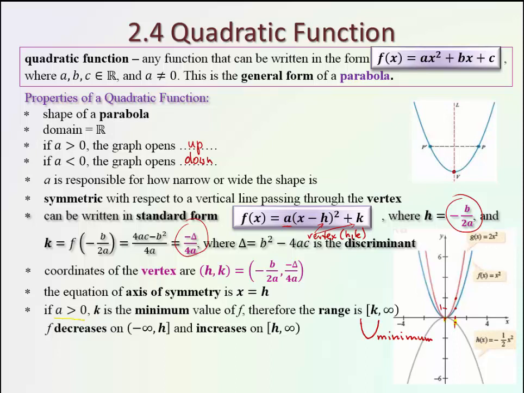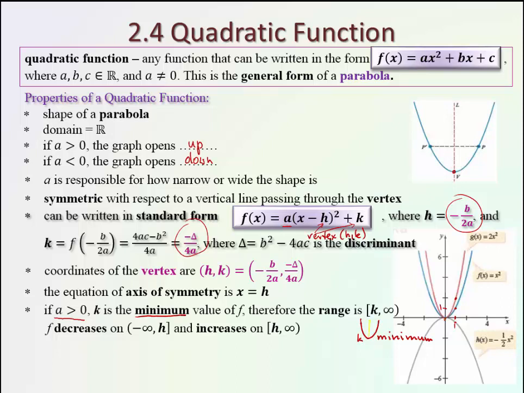Therefore, the range of such a function starts from the vertex and goes up. So we know that the second coordinate of the vertex, which is k, is the minimum, and also that the range of such a parabola starts from k and goes up, so from k to infinity.